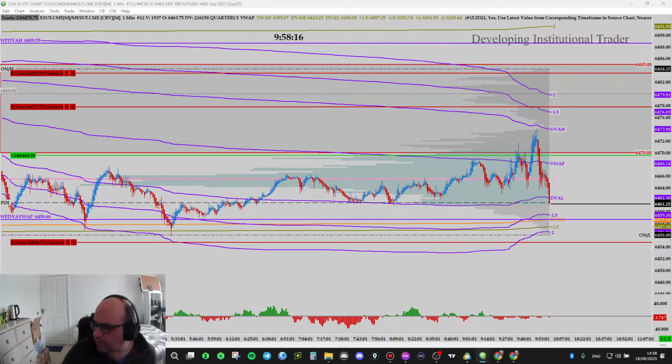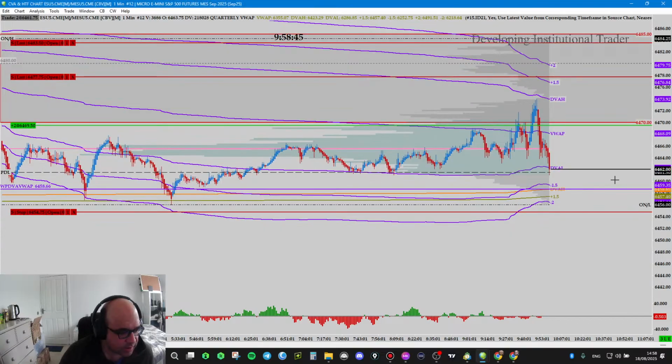And that's about at 64.58. Yeah, it's at the DVA high right about here. There's a big ledge holding the price. If that breaks, then I'm not interested in holding anymore.